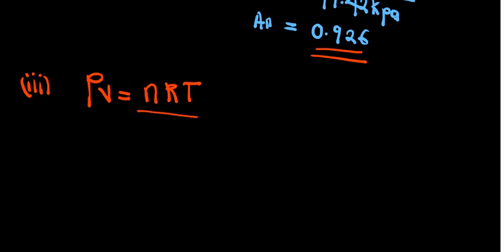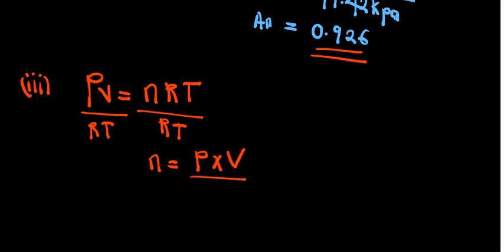The ideal gas law is given by PV equal to nRT. We're going to first of all find out the number of moles before we could find out the molecules. So, divide by RT. The number of moles will be given by pressure multiplied by volume over RT.